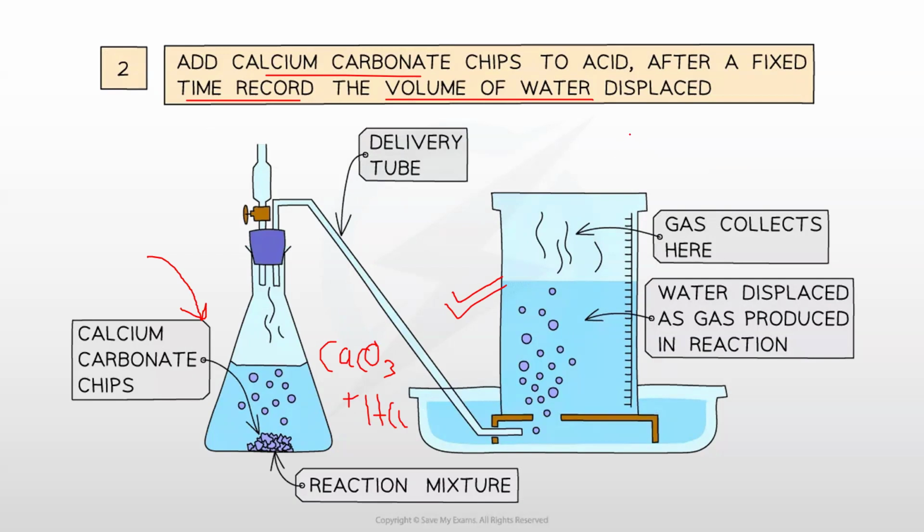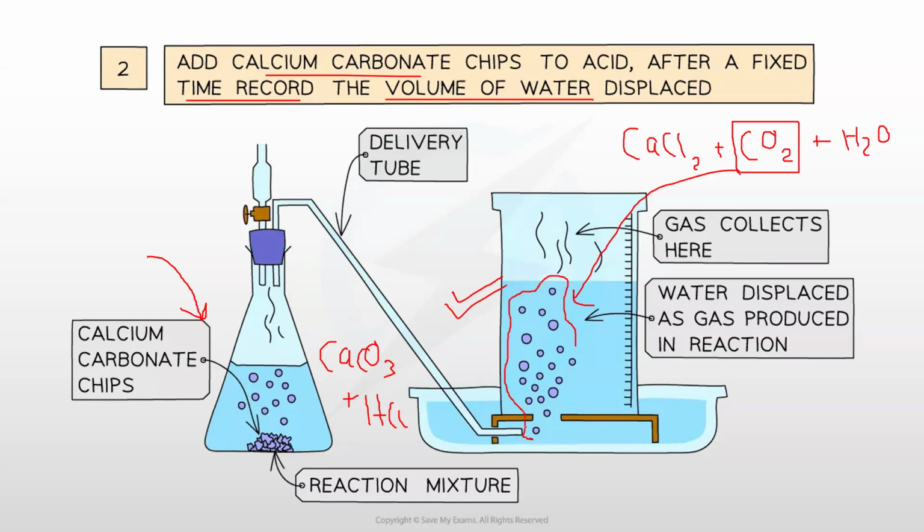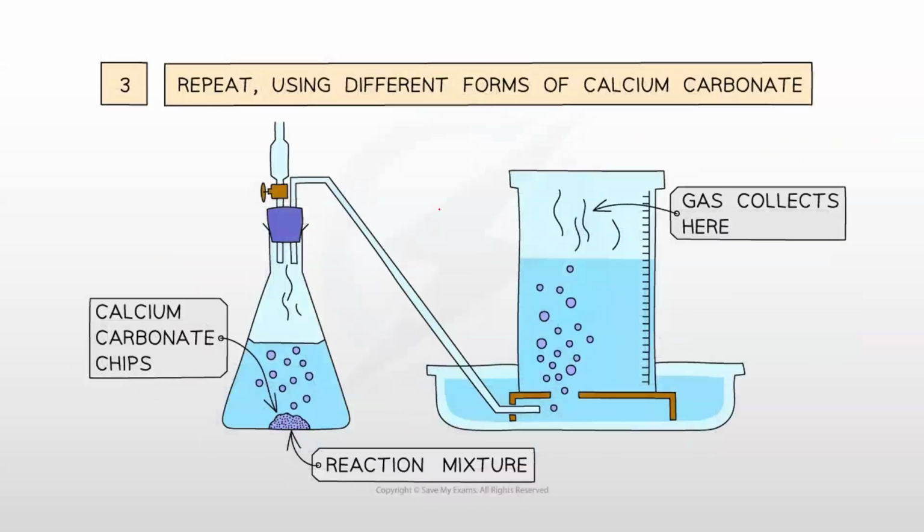When a metal carbonate reacts with an acid, you have a salt plus carbon dioxide plus water. Now, among the products, we have carbon dioxide whose bubbles you can see over here. The bubbles of carbon dioxide are being produced over here that you can see. So this is what you can actually measure, which is the gas collecting.